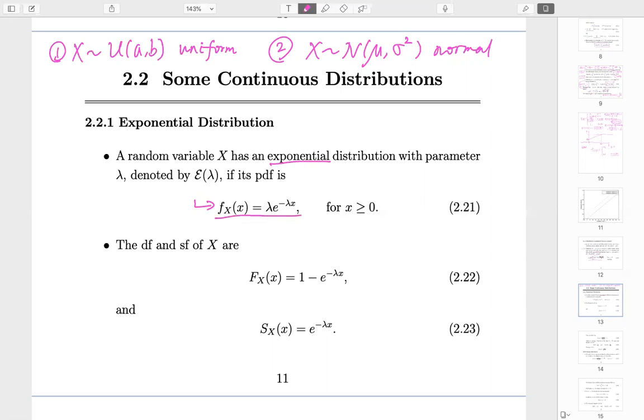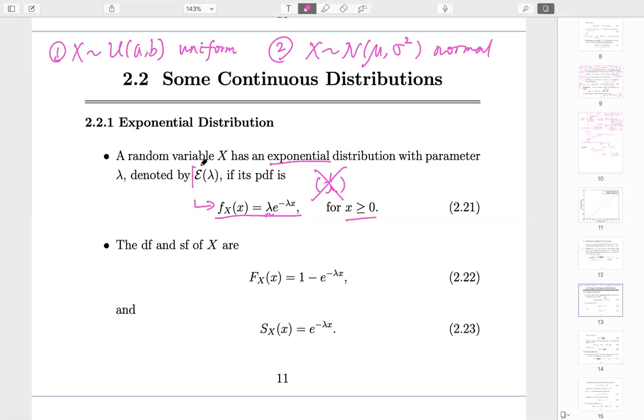Sometimes people use 1 over lambda to replace lambda in this definition, but we don't use it. In our case, it's always lambda times exponential of negative lambda x. Obviously, x must be non-negative.